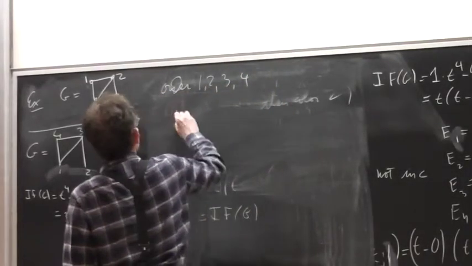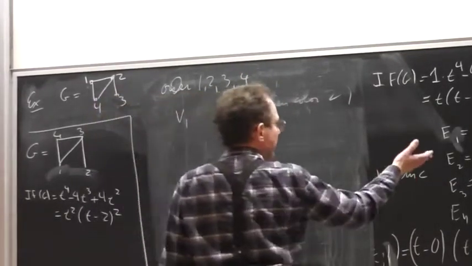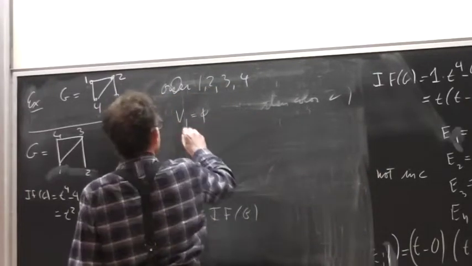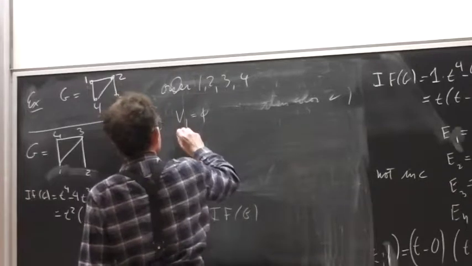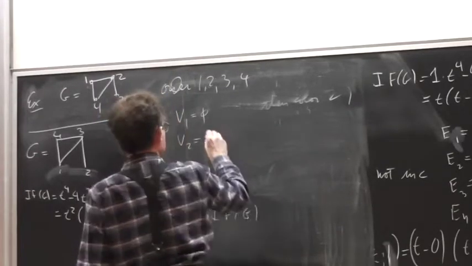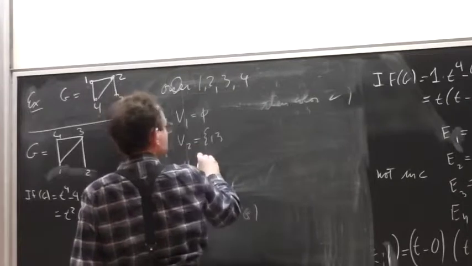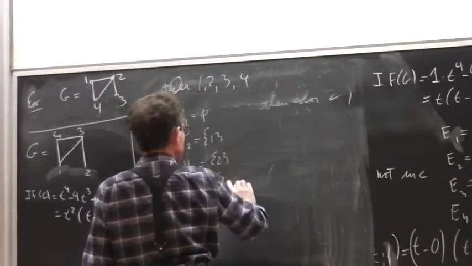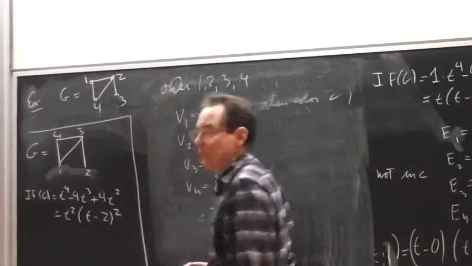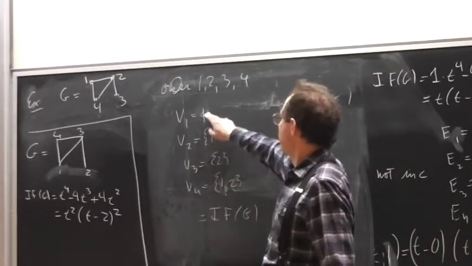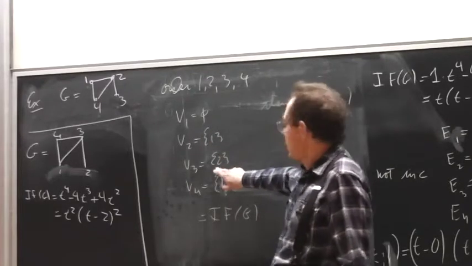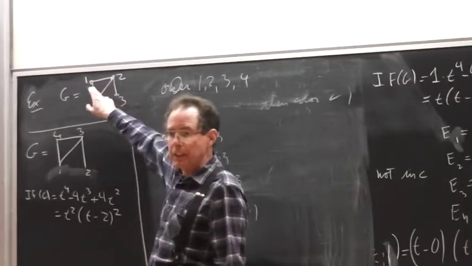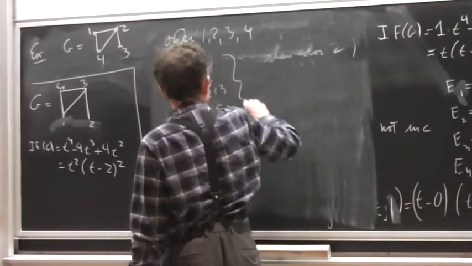Your V's are essentially like your E's, except that they're vertices, not edges. So V1 is going to be empty, V2 is going to consist of just the vertex 1, V3 is going to consist of the vertex 2, and V4 is going to consist of the vertices 1 and 2. And notice, this is a perfect elimination order. Empty sets and singletons are always cliques. These two form a clique because they are connected in the graph by the only possible edge. So these are all cliques.